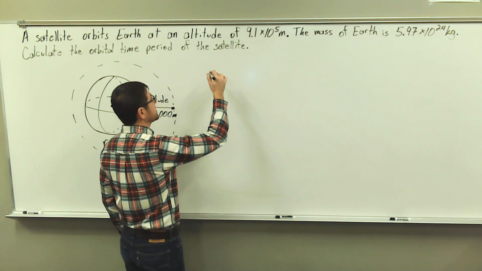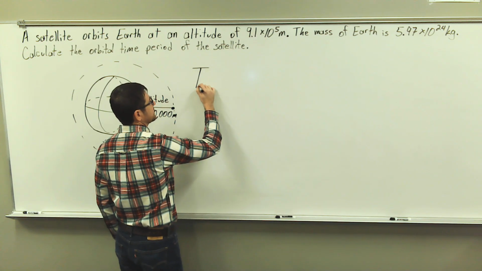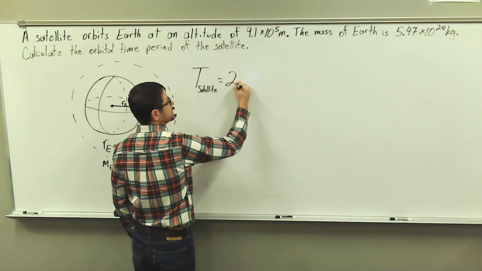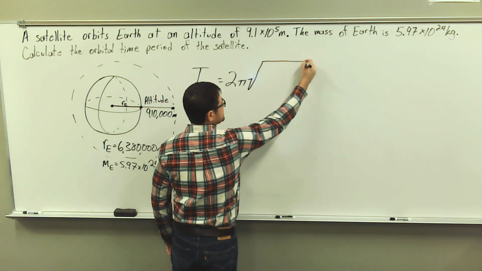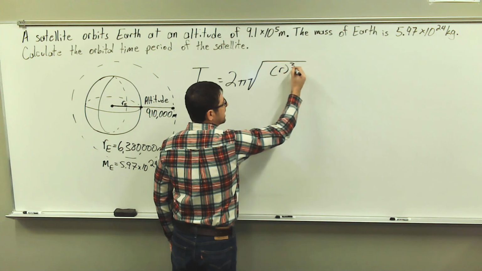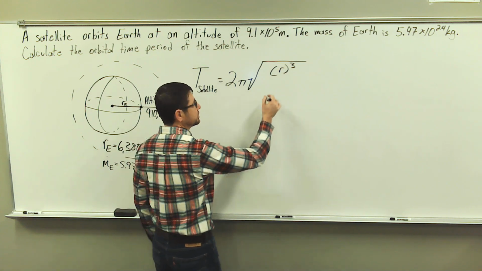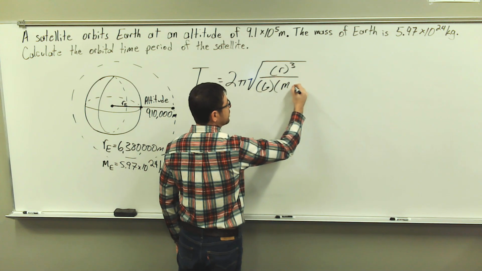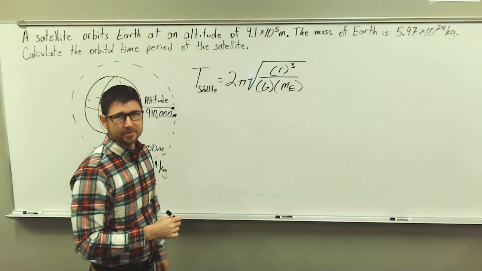So our base equation here is orbital time period of the satellite is equal to 2 pi times the square root of the average orbital radius cubed divided by the universal gravitational constant multiplied by the mass of the Earth.